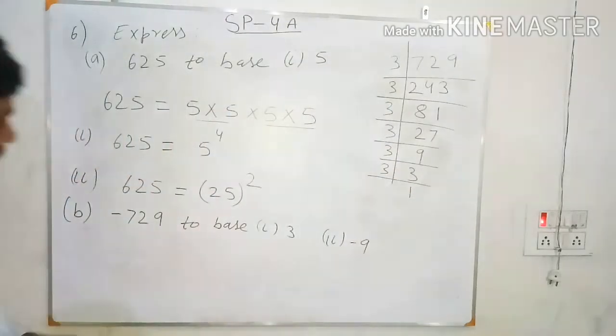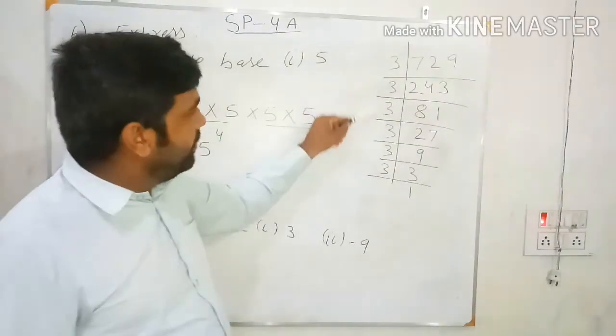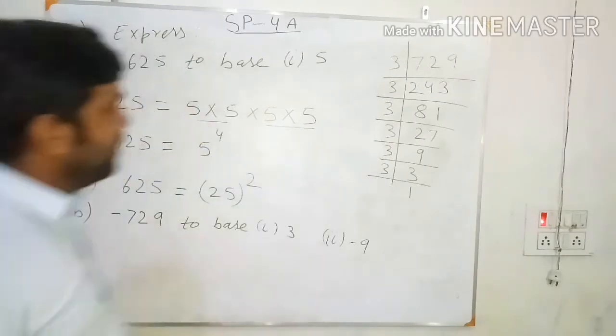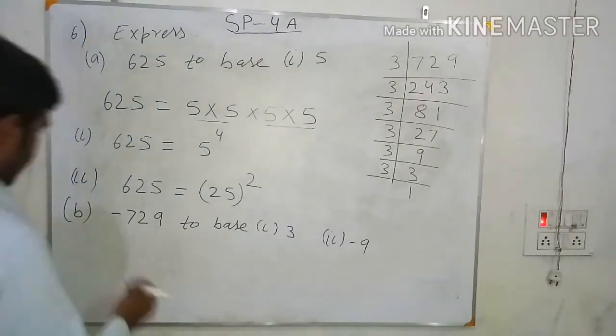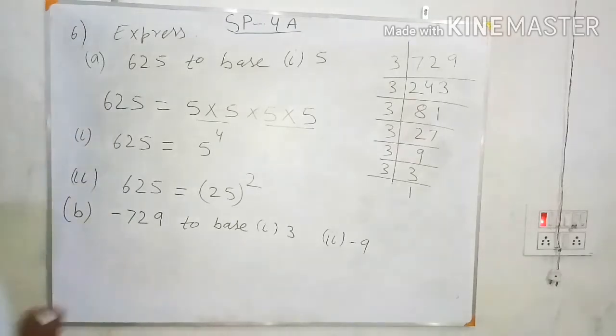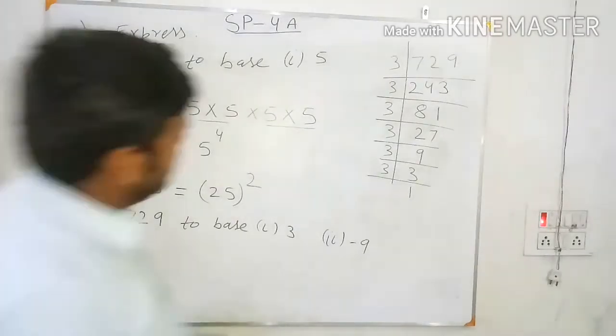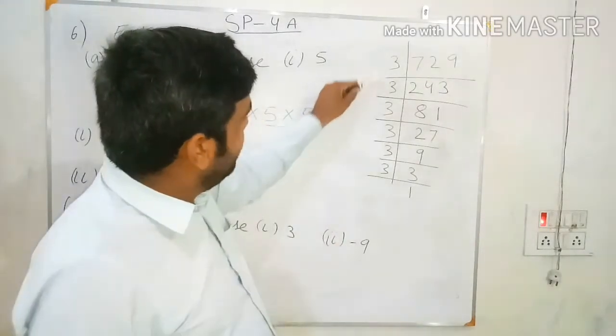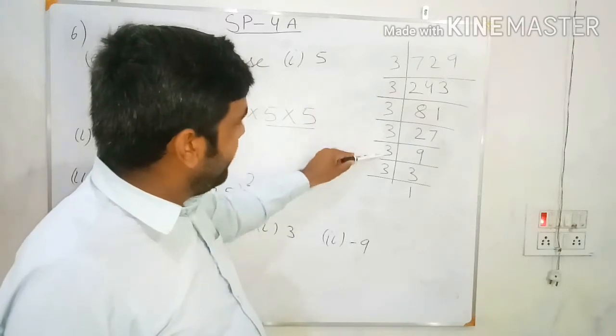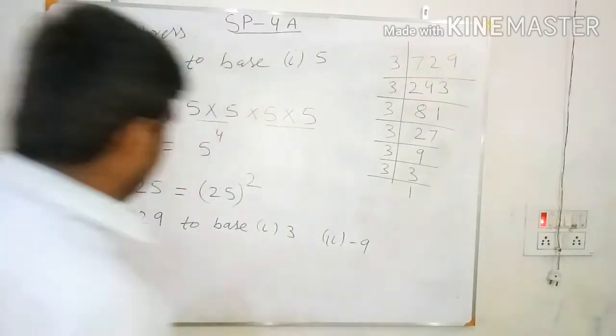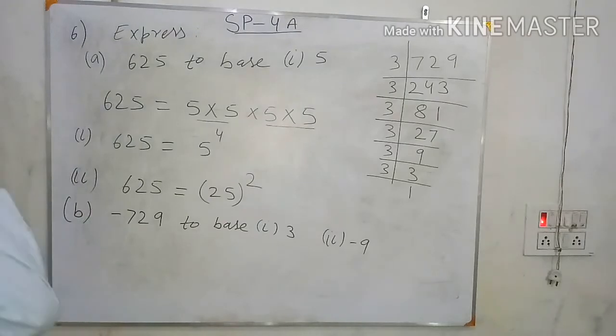So how many times did we get 3? 1, 2, 3, 4, 5, 6. So 3 is multiplied 6 times.